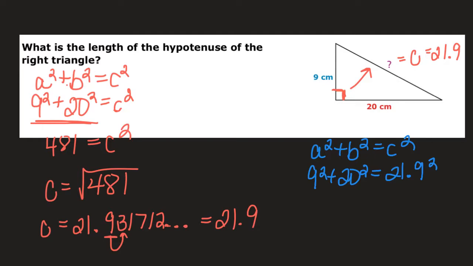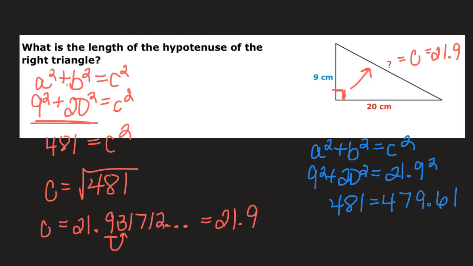I already calculated 9 squared plus 20 squared to be 481. 21.9 squared is 479.61. Now my answers are not exactly the same. Is that okay? Let's think about that. In the last problem, I told you they should be the same. And in this problem, they're not. So have I made a mistake?